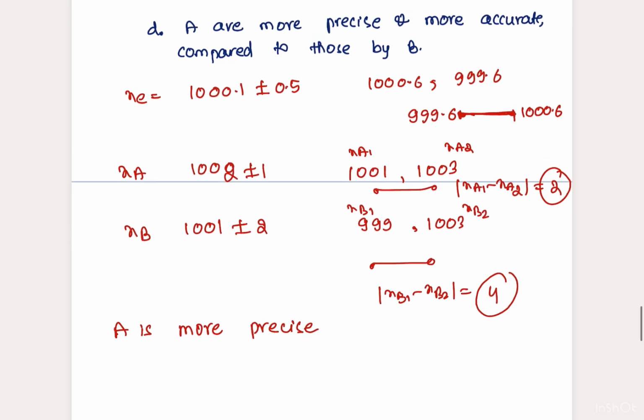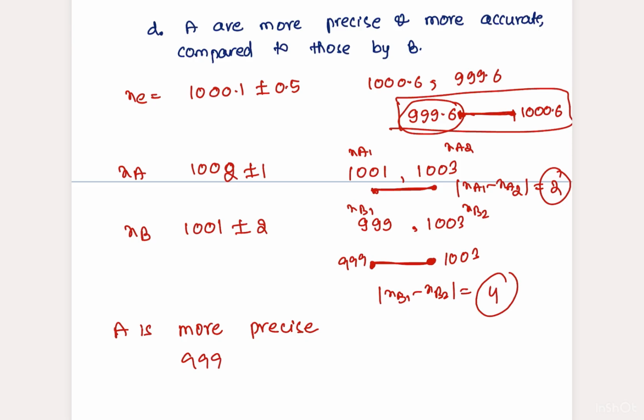Now for accuracy, the exact value lies between 999.6 and 1000.6. Here you can observe that the B range is 999 to 1003. The A values do not include anything below 1001, so the range 999.6 to 1000.6 is not included in the A range, but it is included in the B range. So 999.6 to 1000.6 is included in 999 to 1003.